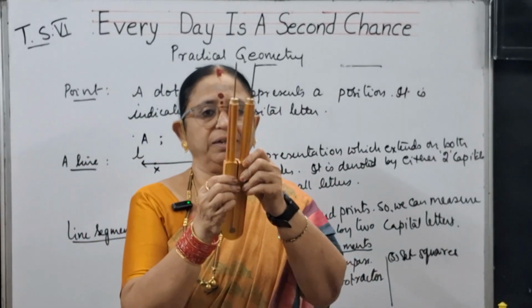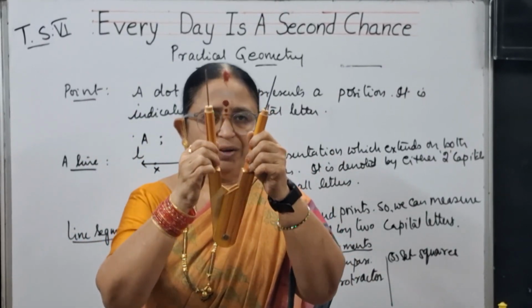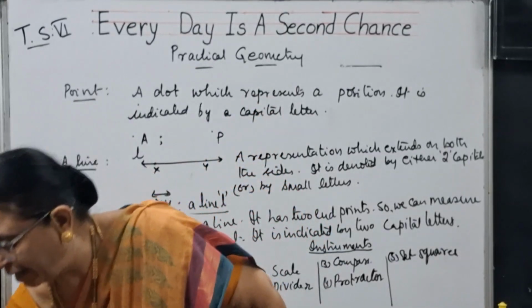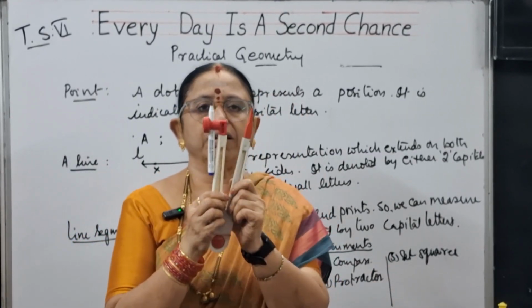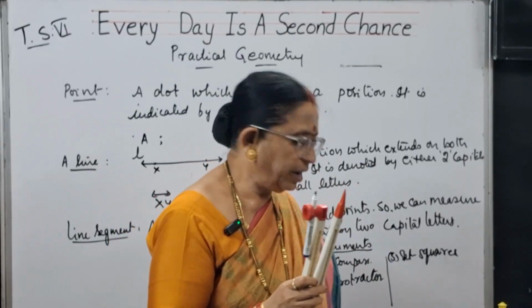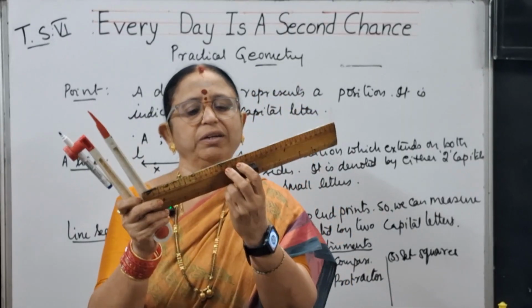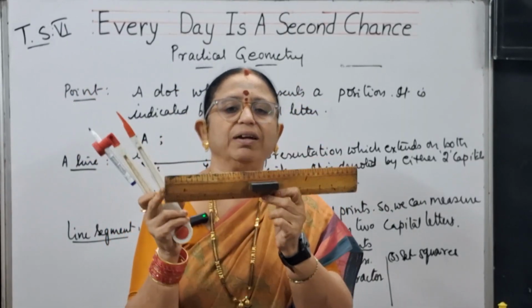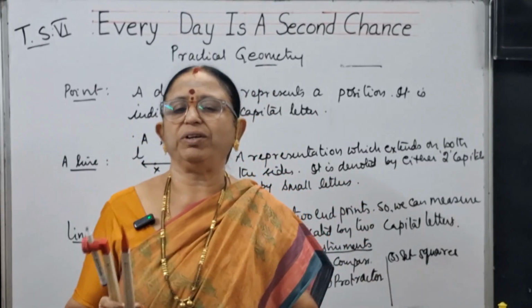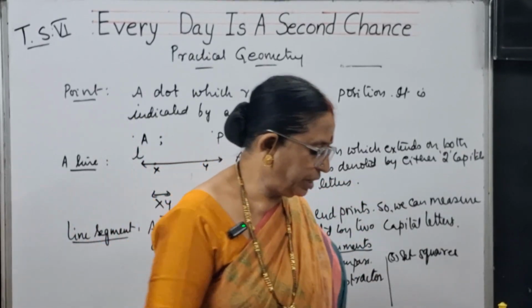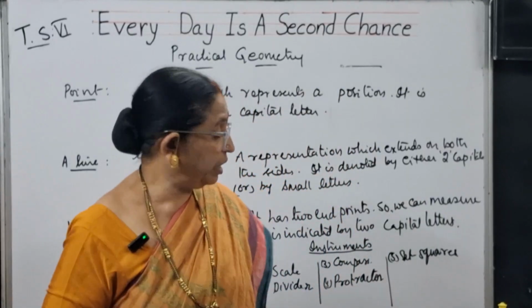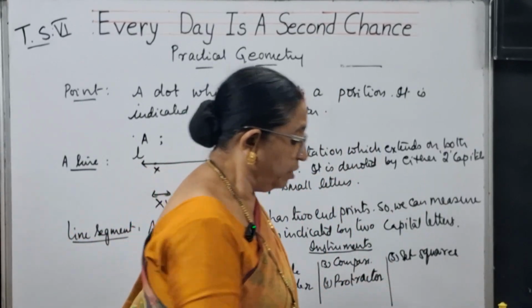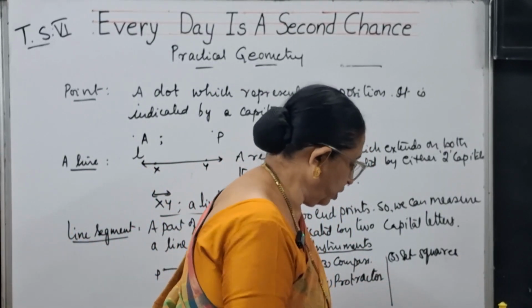This instrument is called a divider, and this instrument is called a compass, and this is an instrument which you call a scale. So these are the various instruments that you are getting in your compass box. So the names and their usage I have told you.